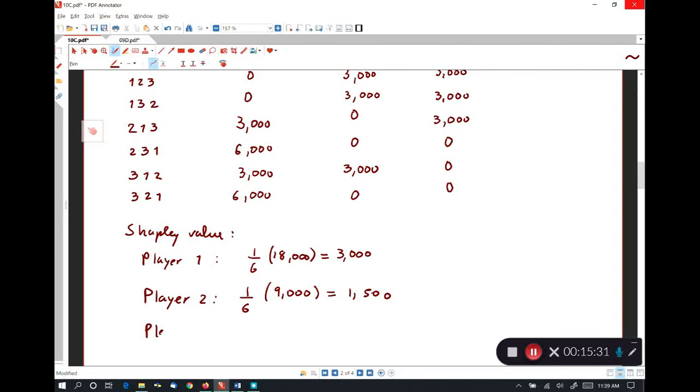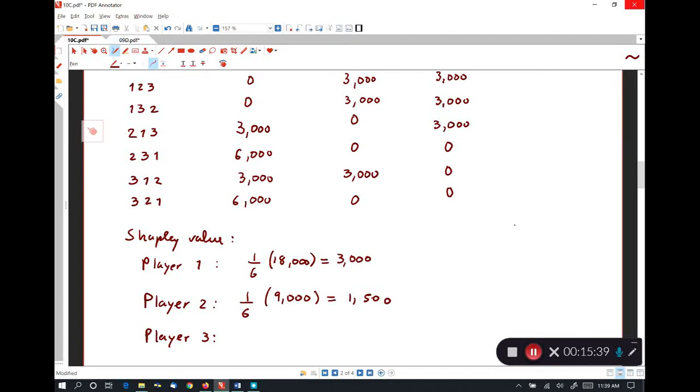And player 3, well, player 3 and 2 are interchangeable, so they should be getting the same amount. And in fact, it is 1/6 of 9,000 for also player 3, so we get 1,500.